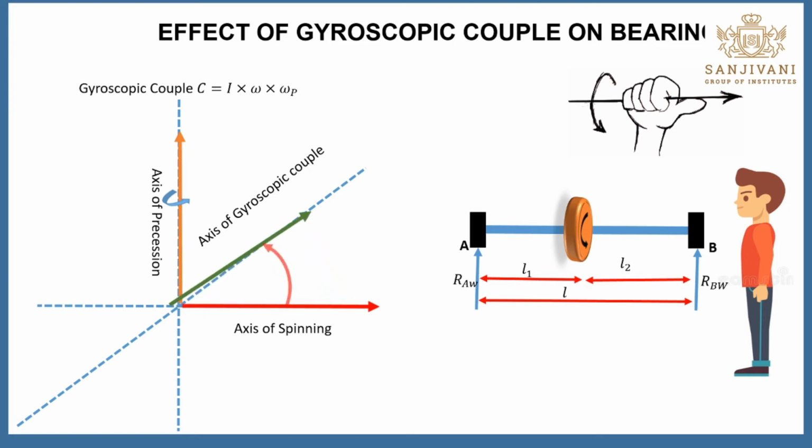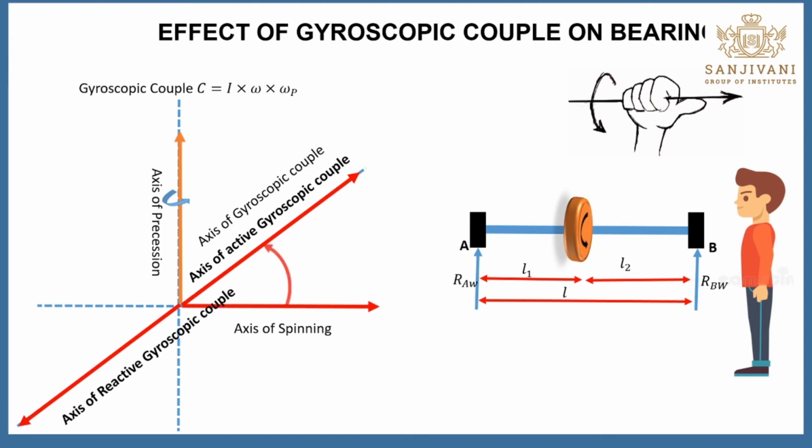Now this is the direction of the axis of active gyroscopic couple, but we are interested in the reactive gyroscopic couple. This is the axis of reactive gyroscopic couple. Now that arrow is in the downward direction, which means the thumb is towards you. Again you have to consider your right hand.